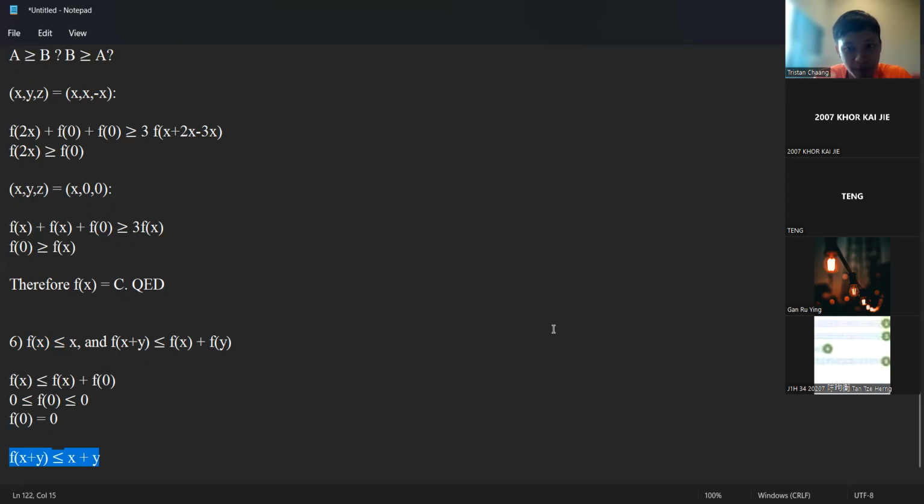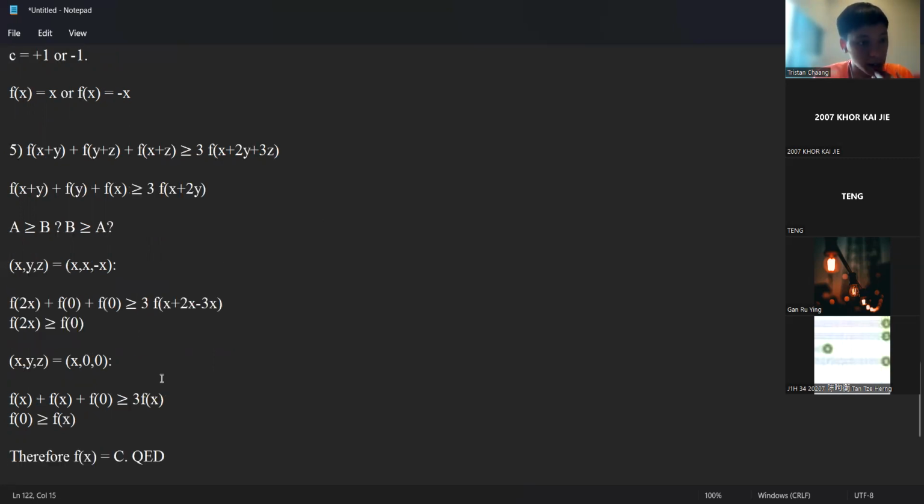Oh, someone asked something about the previous question. May I ask how to get the conclusion of f(x) equals to c in the previous equation? So to answer your question, the first substitution gives us that f(x) is more than or equal to f(0) for all x.